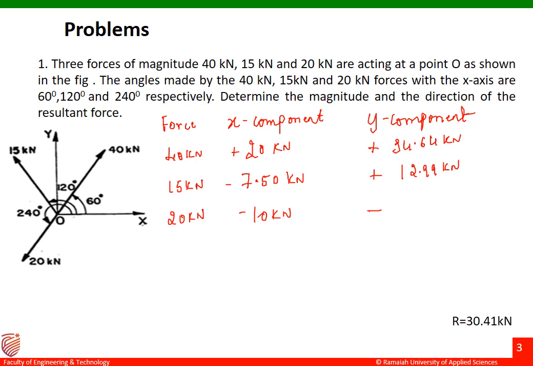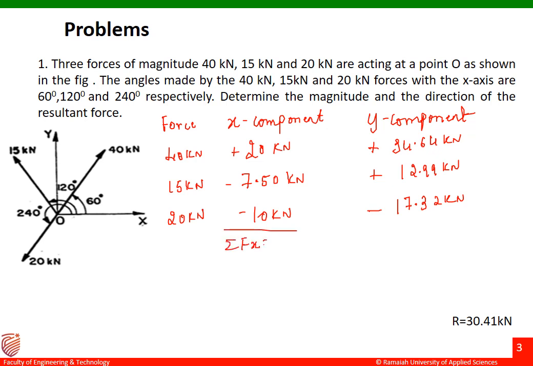X and Y components will be negative there. My Y component will be 20 sine 60 degrees, and you'll get 17.32 kilonewton, with a negative sign. Now we have resolved all the forces into X and Y components.